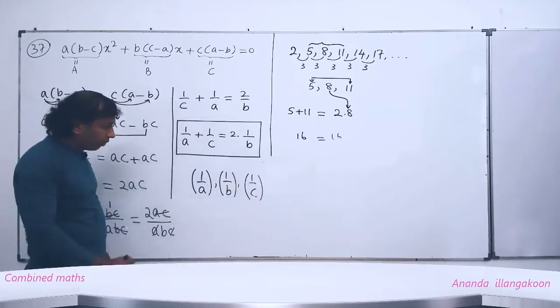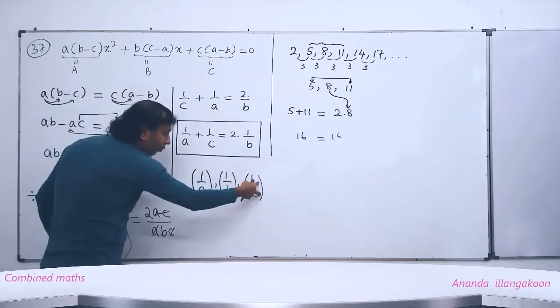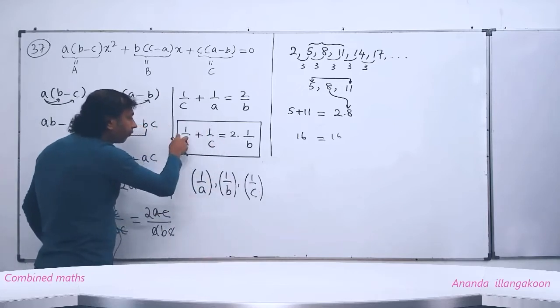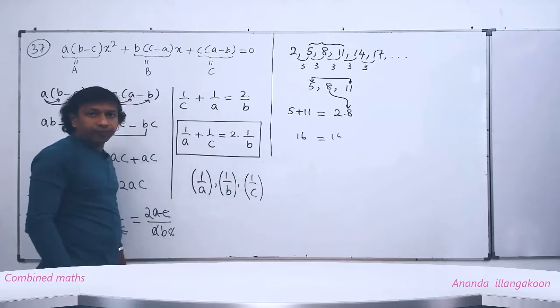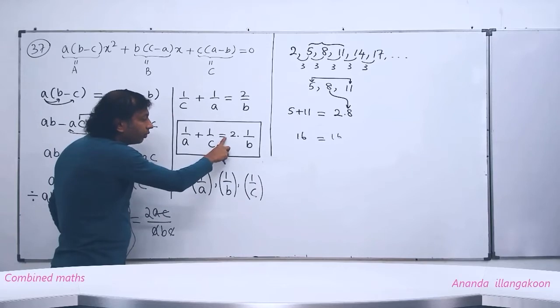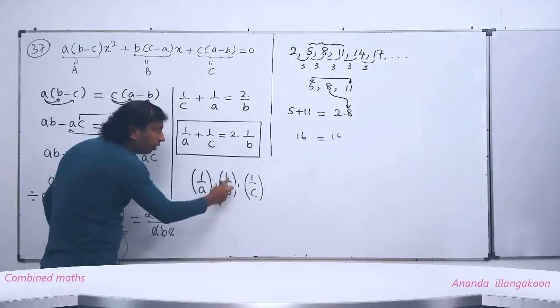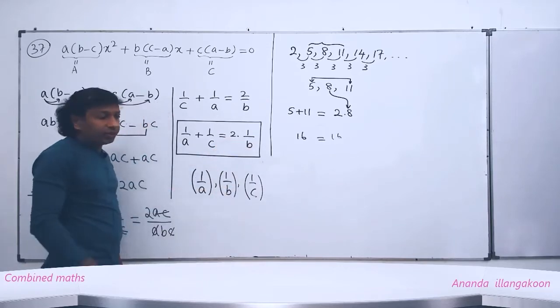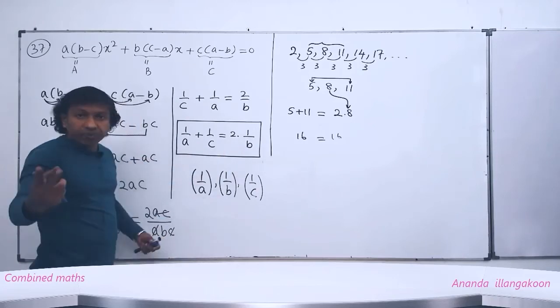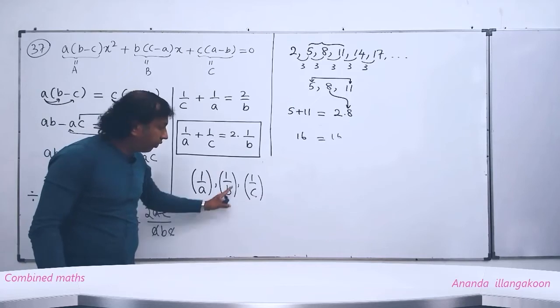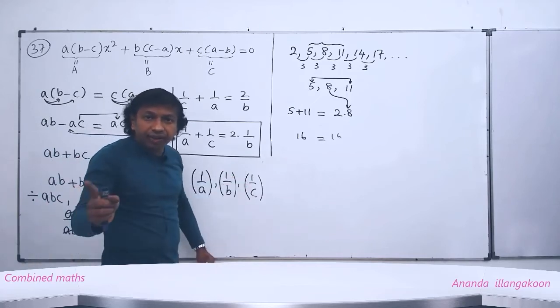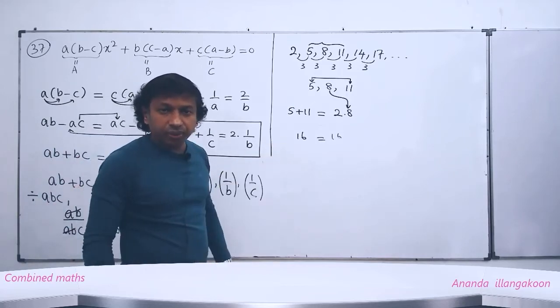See here, 1 upon A plus 1 upon C, here we have the sum of this and this, in the left hand side. It is equal to what? 2 times what is this? Middle. 1 upon B is the middle. Then by this relation, what do you get, people? 1 upon A, 1 upon B, 1 upon C lie in an arithmetic progression.